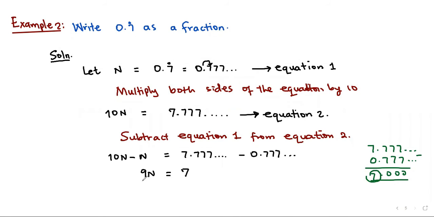And then when we divide on both sides by 9, we are going to get n equals 7 out of 9. So therefore, the decimal 0.7 repeating is the same as 7 out of 9 as a fraction. I hope this is okay.